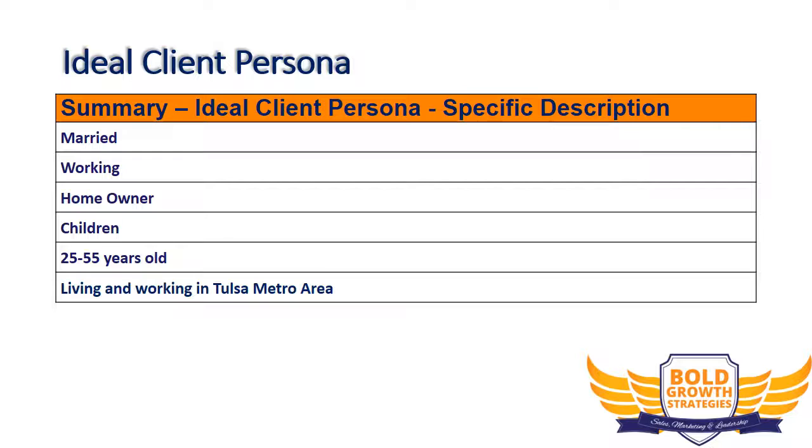So a 6-star prospect would be married, has a job, they own a home, they have children, they're between the ages of 25 and 55, and they live and they work in the Tulsa metro area. So a very clear picture of who they're looking for. And if they have a 6-star prospect, it's really who they'd like to meet. They'll meet with up to about a 2-star prospect, but below that, they're probably not going to meet with them.